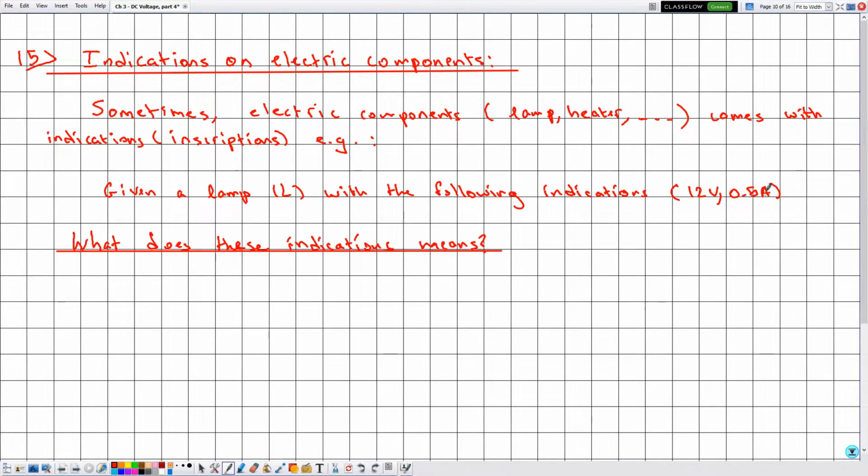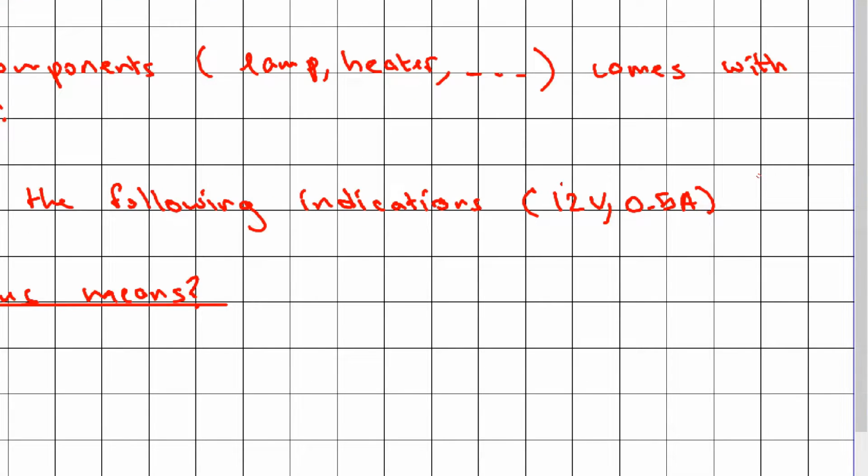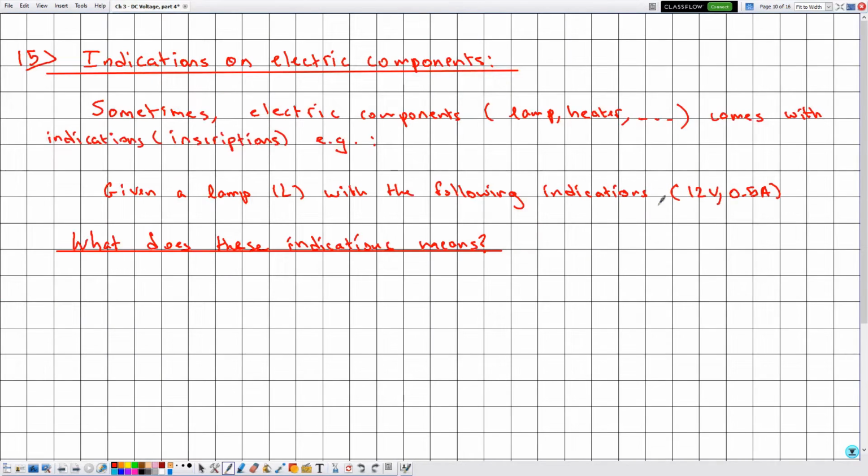Now, usually physical quantities are referred to by their units. Notice that this number carries the unit volts, so this quantity represents the voltage. So what do we mean by 12 volts? 12 volts is the rated voltage of the lamp L, under which it functions normally.